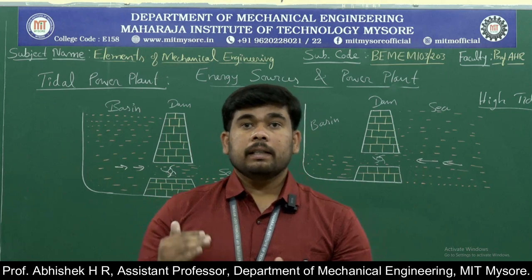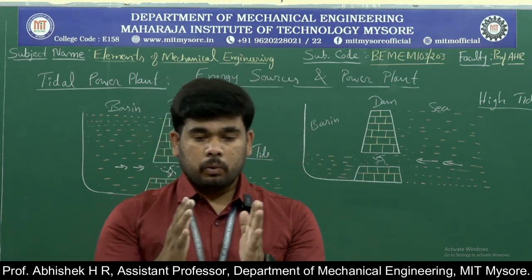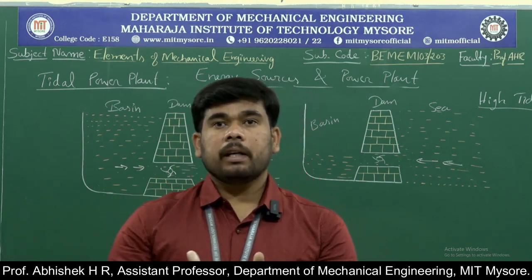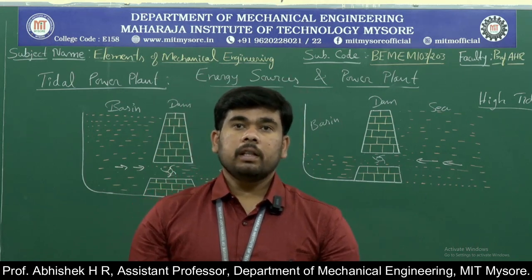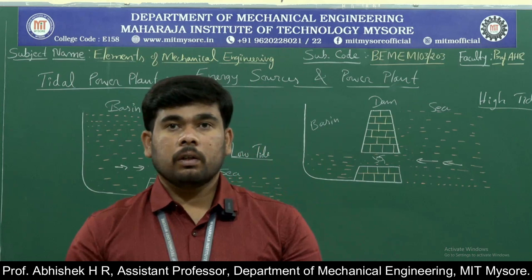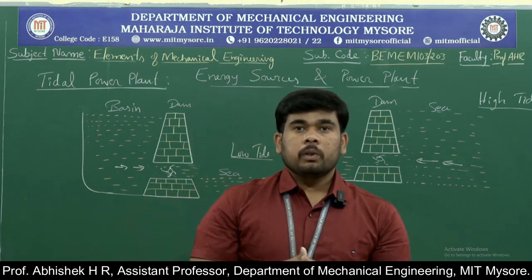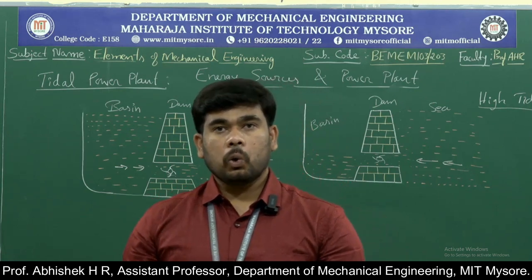Tides are nothing but the rise and fall of the sea level. Sometimes the water level in the sea will be high, and sometimes it will be low. This is because of the relationship between the earth, moon and the sun.